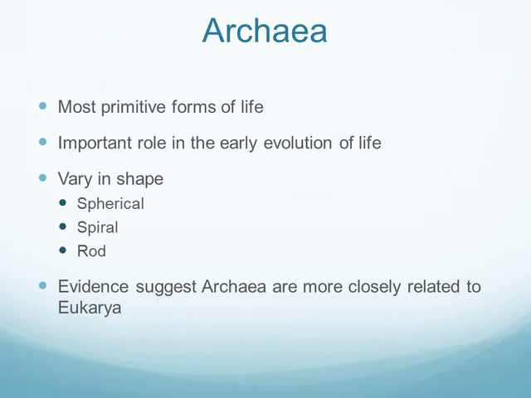So we'll get into that on the next slide. But there is some evidence that suggests that these bacteria in the archaea domain are very closely related to eukarya. So the bacteria that are within the eukarya domain. And you can find all sorts of shapes within this domain as well. You'll see spheres, you'll see spirals, you'll see rods, and any sort of combination of those as well.